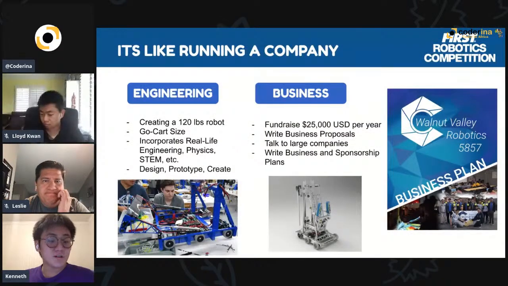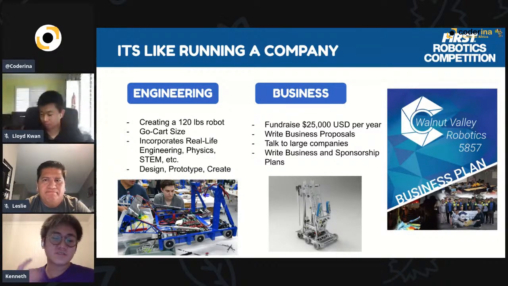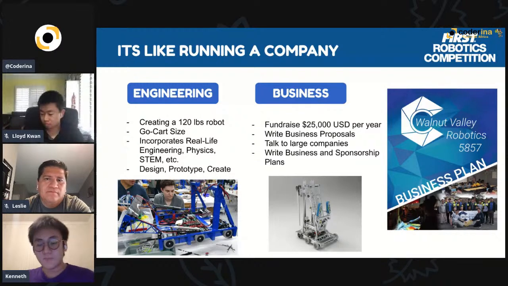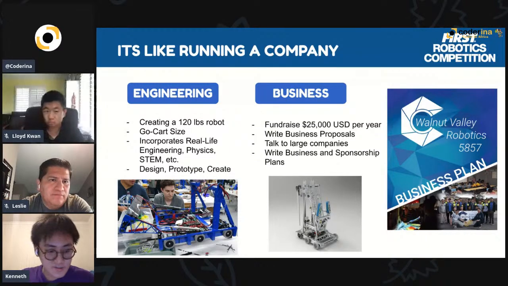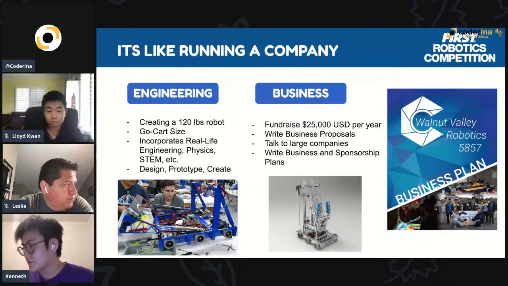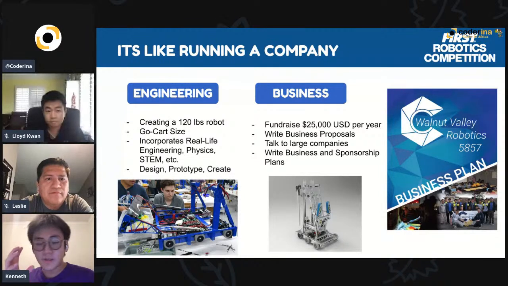As I said earlier, the FIRST Robotics Competition is like running a company. On the engineering side, you're creating a 120-pound robot, go-kart size, that incorporates real-life engineering physics, like shooting that ball into the goal. We design, prototype, and create. There are no instructions for this; you create it.